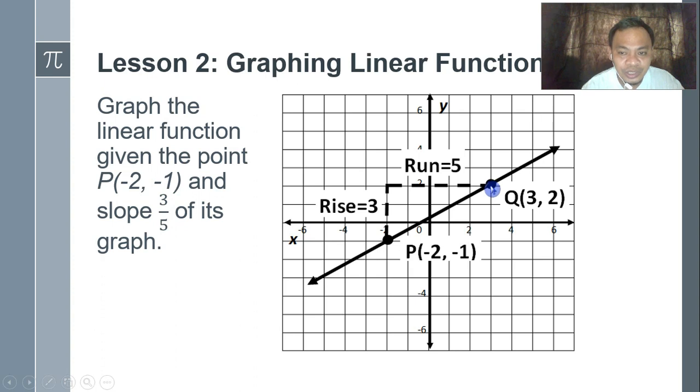So, since na-identify na po natin yung point Q, which is ang coordinate niya ay positive 3 yung X, positive 2 si Y, then we can now connect the 2 points. So, ito na po siya, na-connect na po natin, then, ito po yung graph natin sa ating linear function using the slope and 1 point.